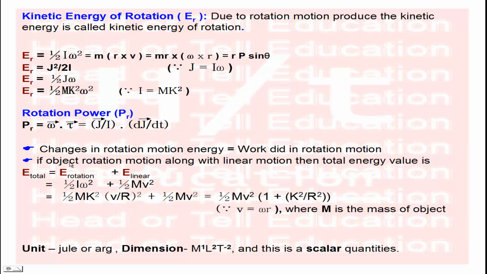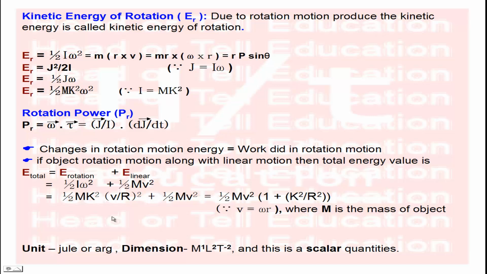Next, if an object has rotational motion along with linear motion, then the total energy is E total equals energy rotational plus energy linear, meaning half I omega square plus half M v square.